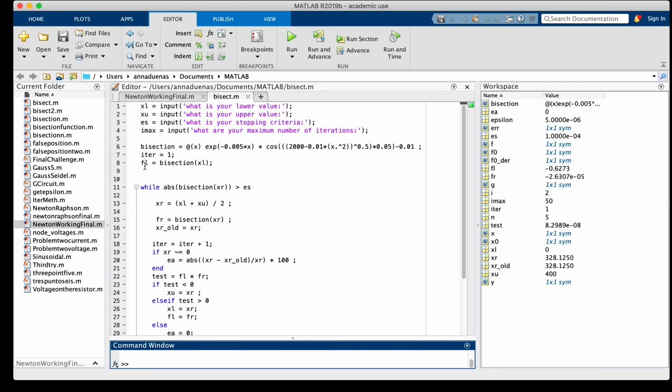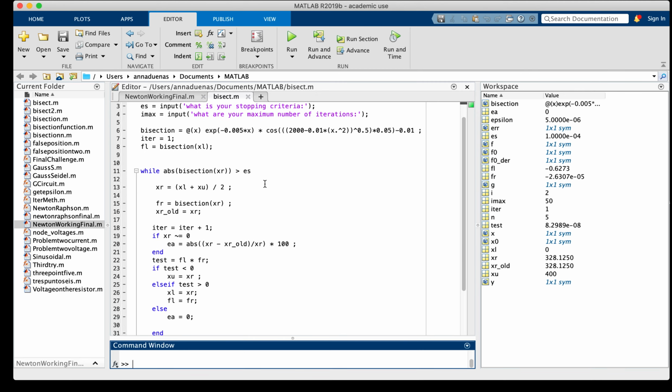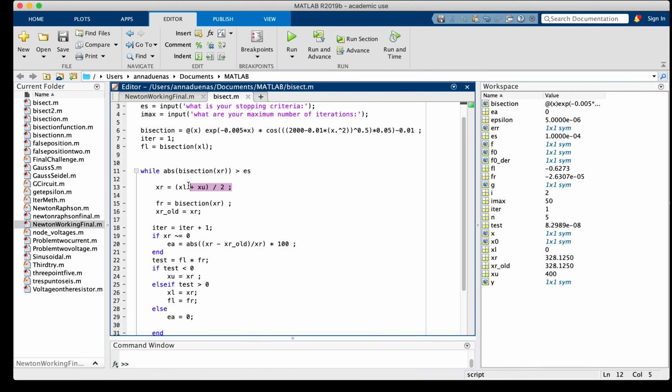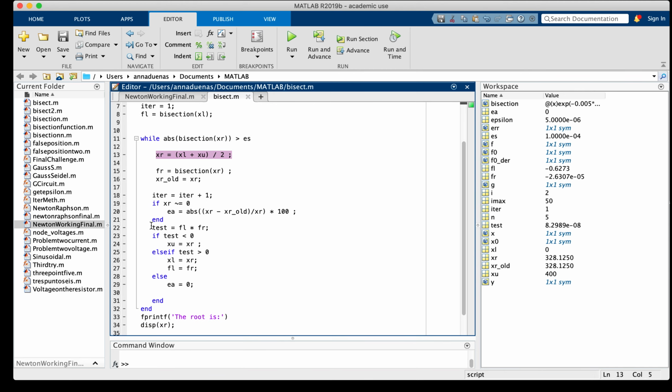So then the function is evaluated at the first guess here, and then we go ahead and conduct the test, which is basically just the midpoint formula. Then we check if the function evaluated at that point times the function evaluated at the point of our first guess, so xr, is less than zero, then our answer is closest to the upper value.